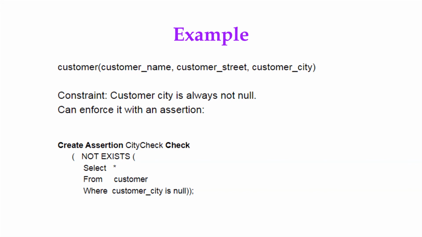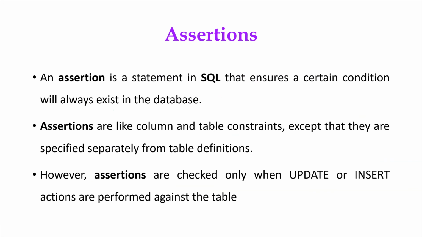That is, select star from customer where customer city is null means I am choosing all the attributes from the customer rows having a null value. Then I apply the check not exists constraint, so such rows should not exist. That is, the attributes with null value should not exist. That is my point, so that condition I am checking. This is how assertion works.